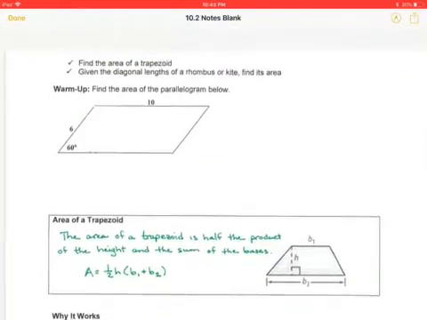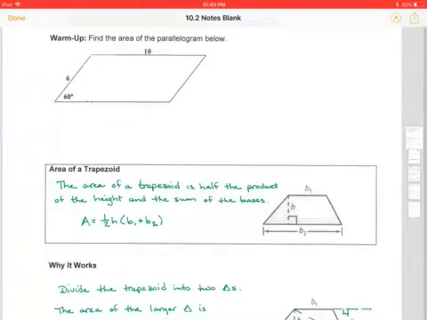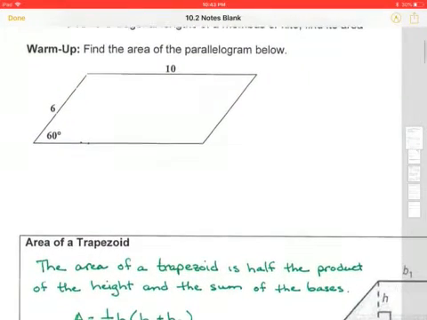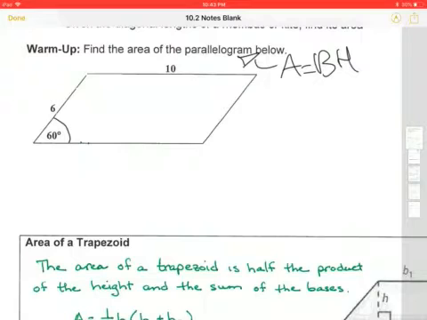With this first warm-up, before we dive into the actual area of a trapezoid, see if you can find the area of this parallelogram seen here. If you need a refresher, recall that the area for a parallelogram is base times height. In this case, recall that since this is 60 degrees here, we can assume that this height is going to be creating a right triangle.